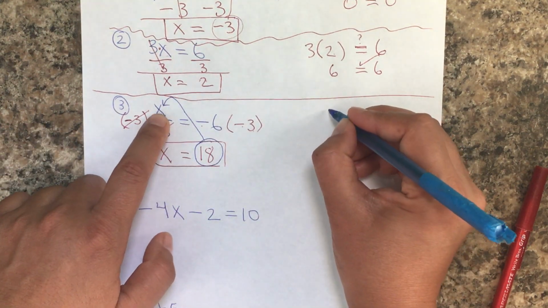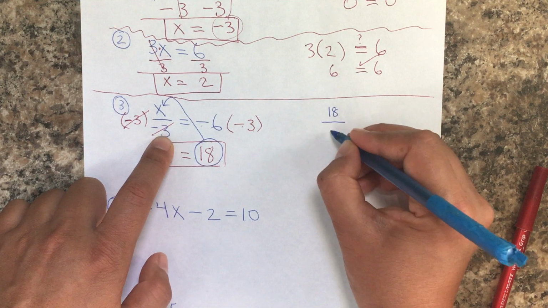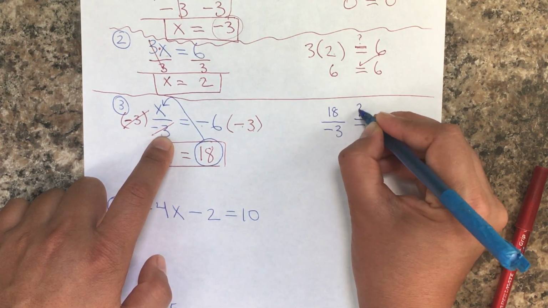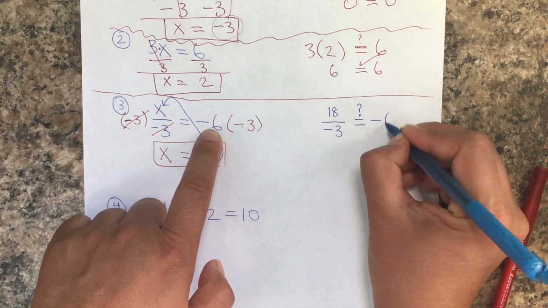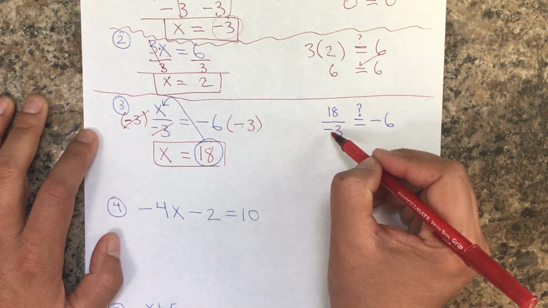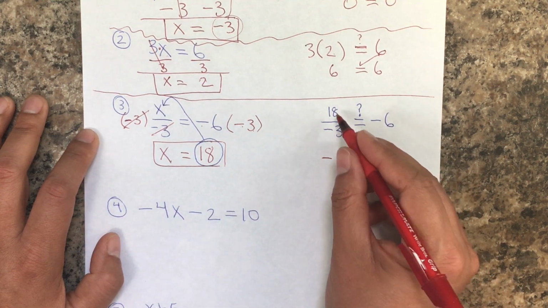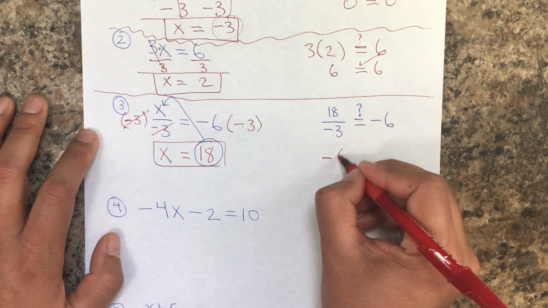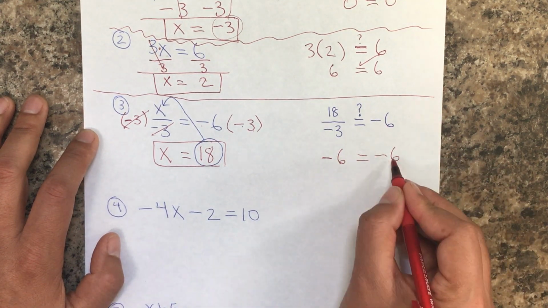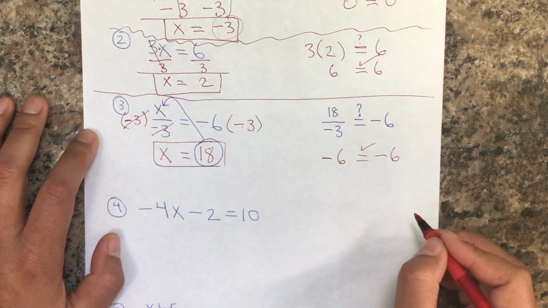So instead of x is 18 divided by -3, and we pose a question in here. Is it equal to -6? Let's look. Positive divided by negative, negative. 18 divided by 3, 6. Is it equal to -6? They're the same, so we say check.